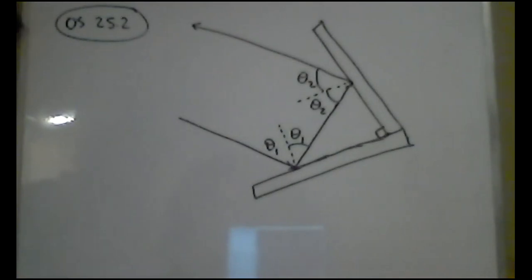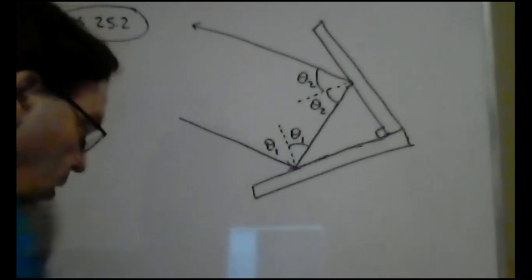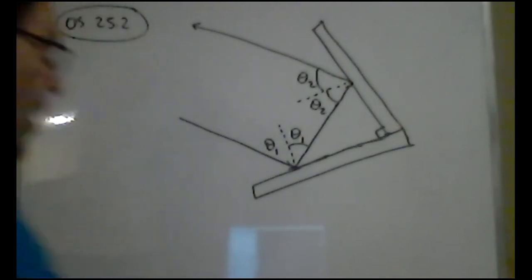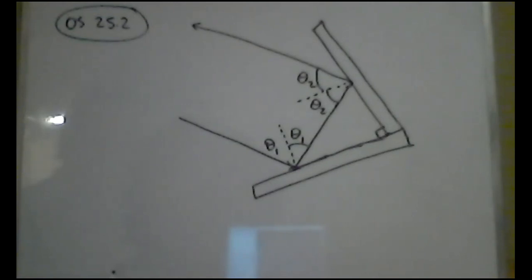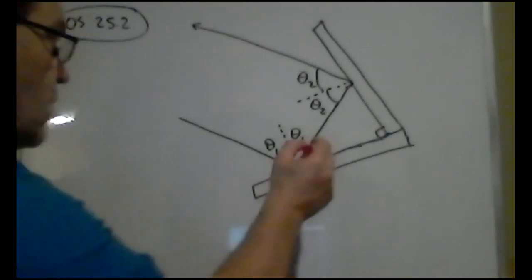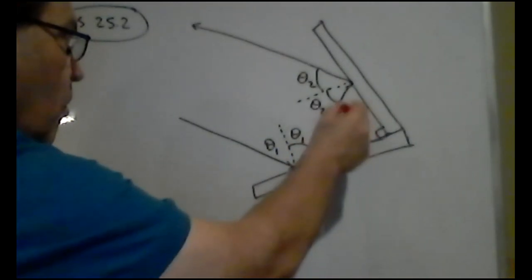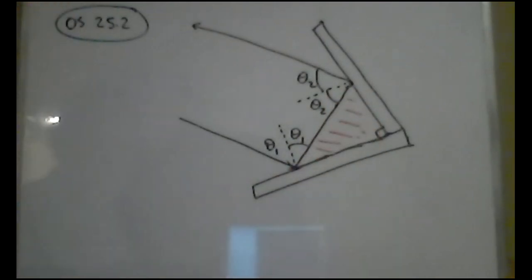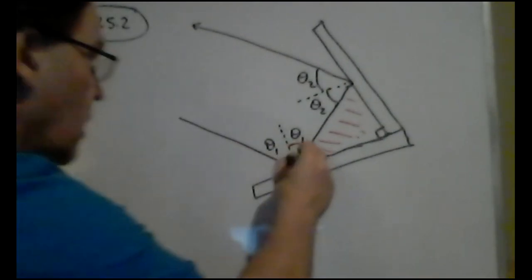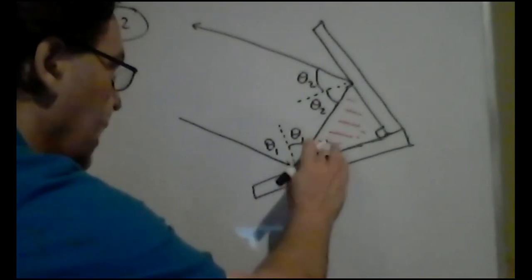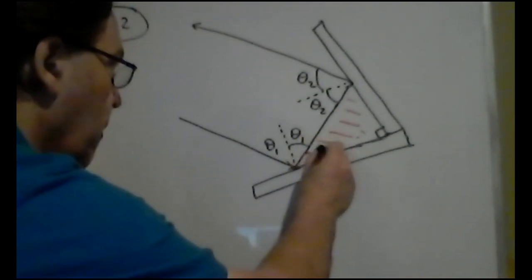So first of all, what I have at this corner is a right triangle. I'll put it in red for you. A little right triangle here. Now, in this right triangle, I'll declare this angle to be called alpha.